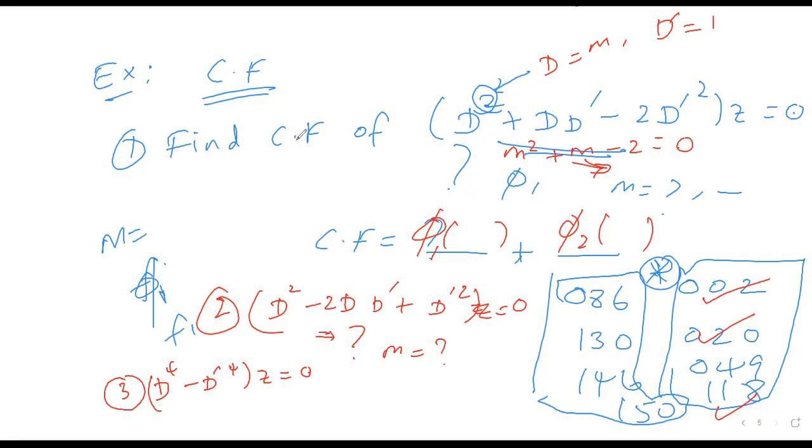So all others are absent. This 86, 130, 46, 50, 49. Our time is going to finish now. Okay, make it faster. So we have 49.